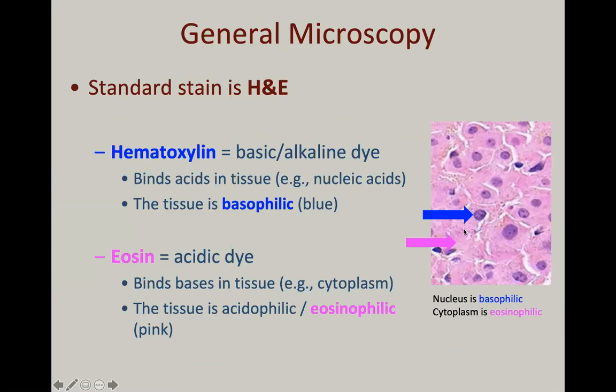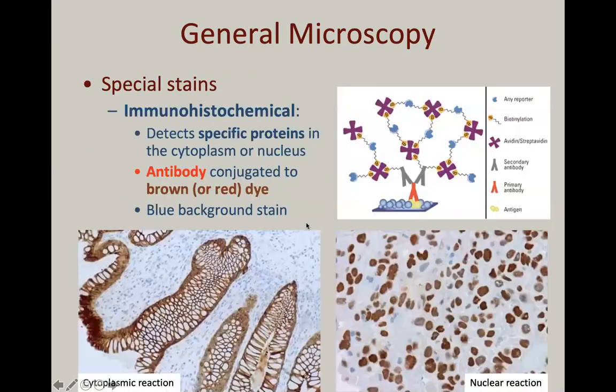Eosin is an acidic dye. So that generally binds the bases in the tissue, which is more located in the cytoplasm, the proteins, et cetera. So the tissue that binds eosin is called acidophilic because it has an affinity for the acid dye, or eosinophilic. So nuclei tend to be blue or basophilic. Cytoplasm tends to be pink or eosinophilic, as reflected in this image.